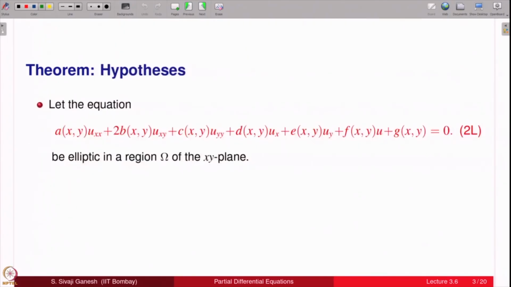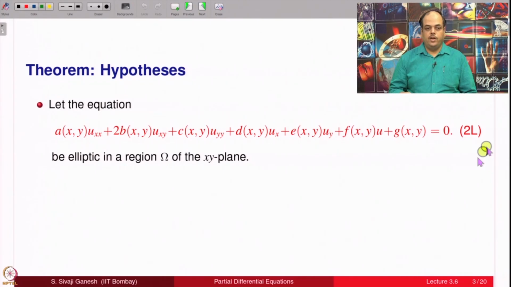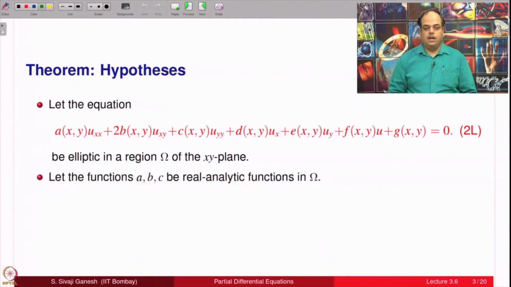So, let us consider this second order linear equation 2L, assumed to be elliptic in a region omega. Assume further that the coefficients A, B, C are real analytic functions. This is a requirement for the proof of our theorem. In the examples that you want to do, you may simply follow the procedure, you will still be successful.